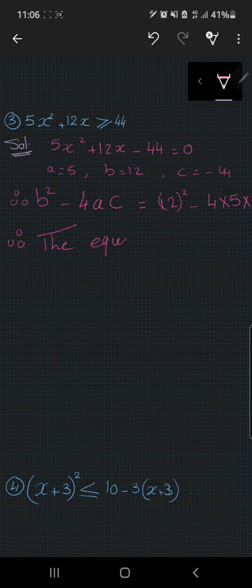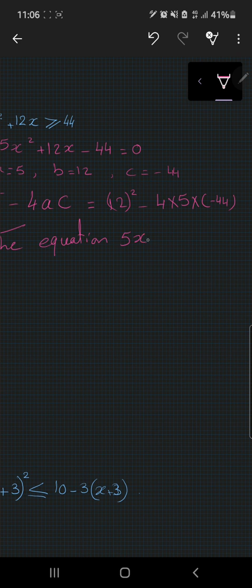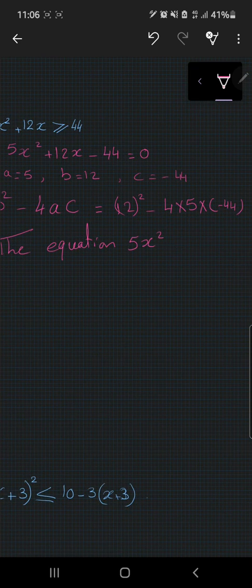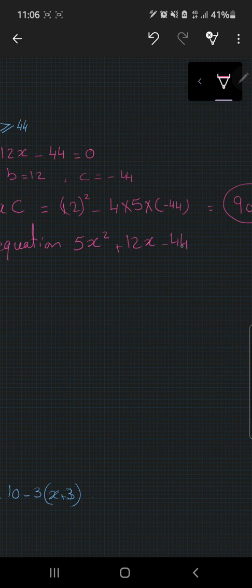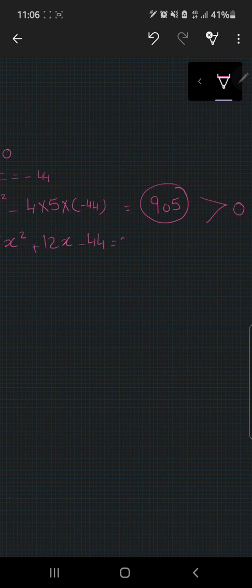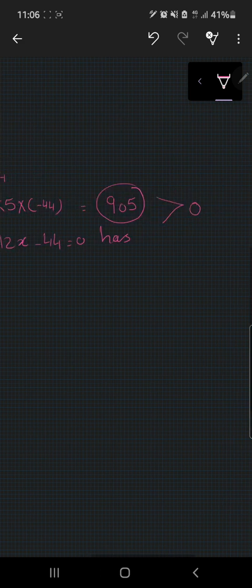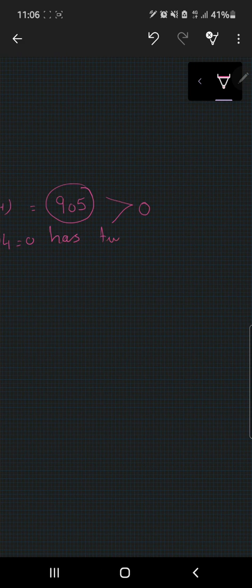The equation 5x power 2 plus 12x minus 44 has two different roots.